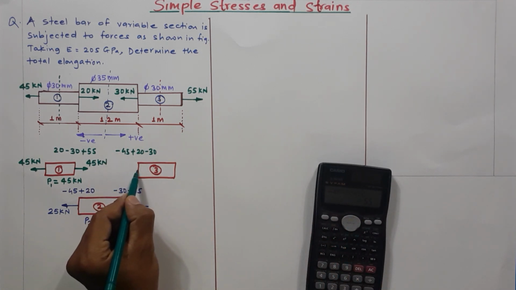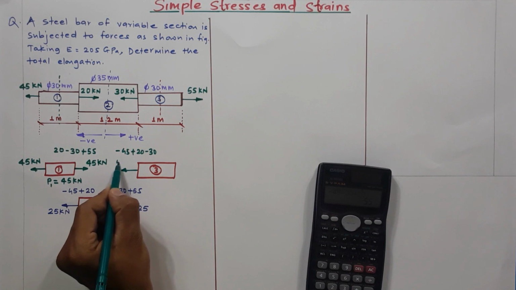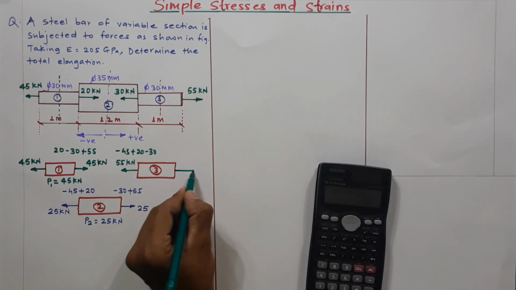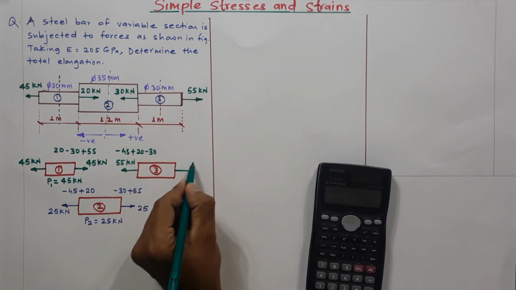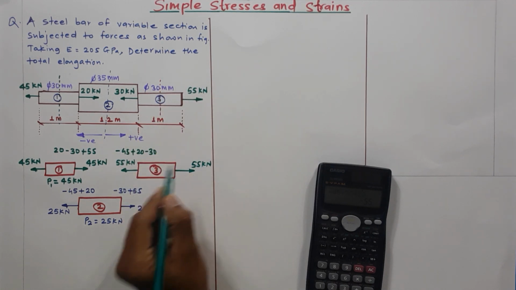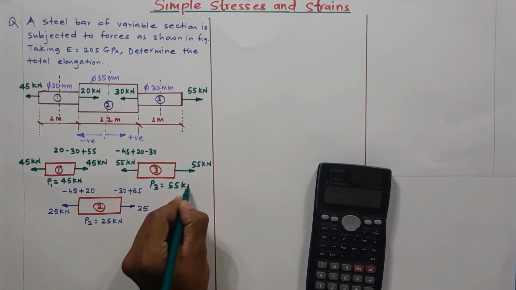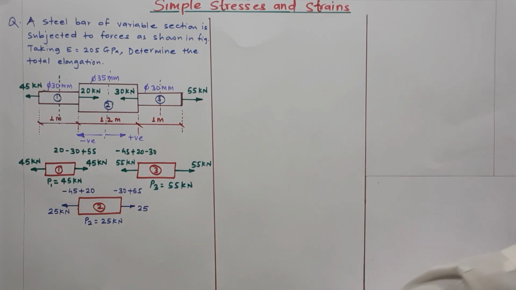Minus 55 means goes towards left side, and it is minus 55 kilonewton. See right side of forces, it goes towards the right side, and it is plus 55 kilonewton. We got force in third member, and it is again tensile, that's why it is plus 55 kilonewton.